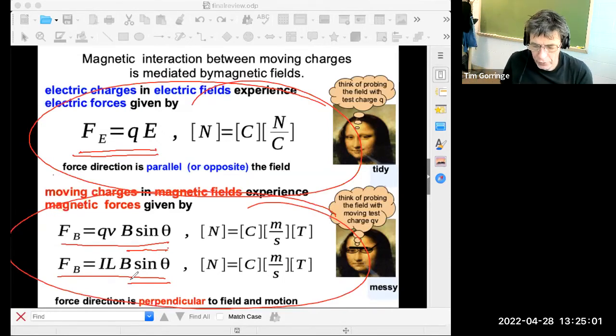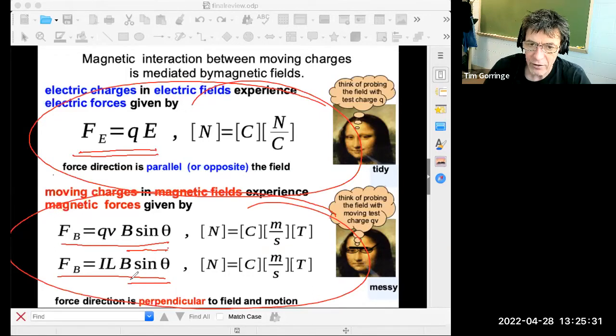The other important point about the magnetic field versus the electrical field is this. Let me start again. The electrical force on a charge acts along the direction of the field or opposite the direction of the field, depending on whether the charge is positive or negative.